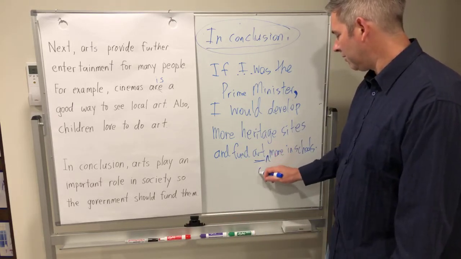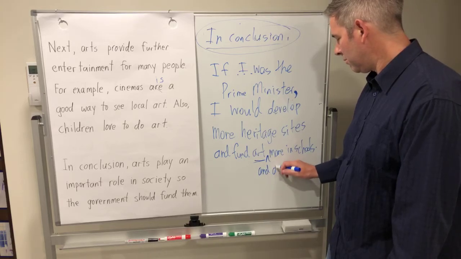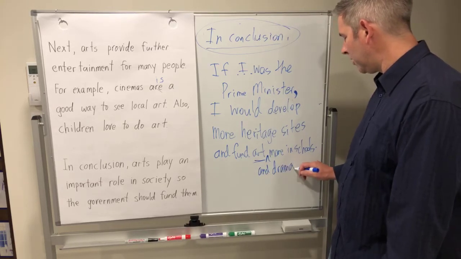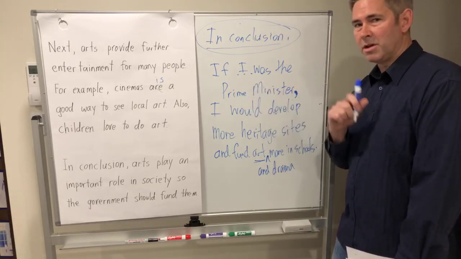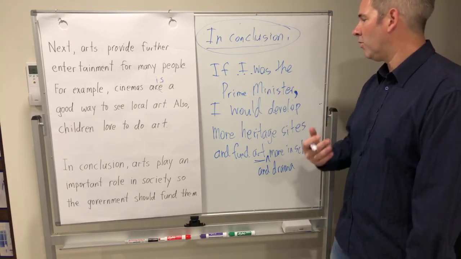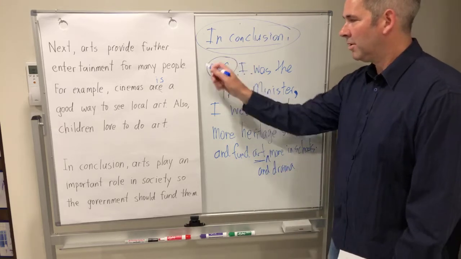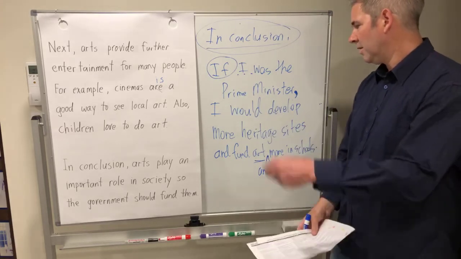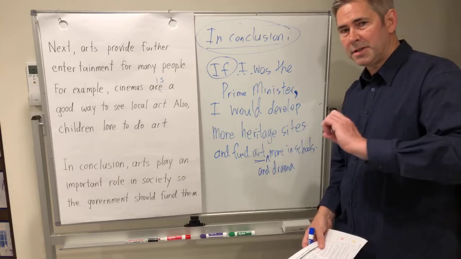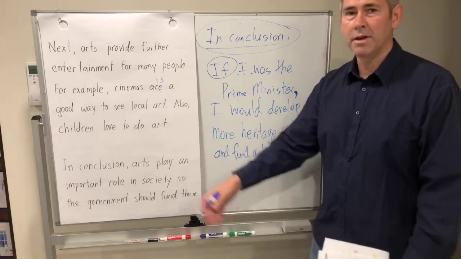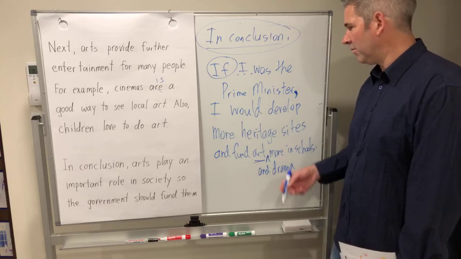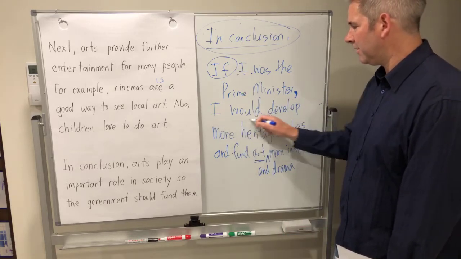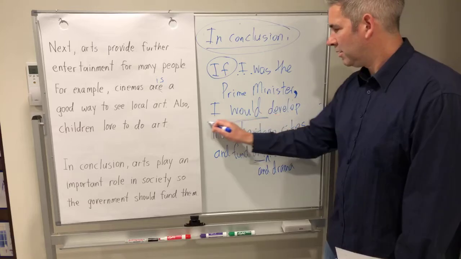We could even put that here. Drama, there we go, even a better way. So what I'm doing is I'm using a complex sentence. So if I was the Prime Minister, an if sentence is complex, this is what I would do. And it just gives a little bit more detail to the conclusion, and obviously it's going to increase the word count. So a nice way to finish off a conclusion.